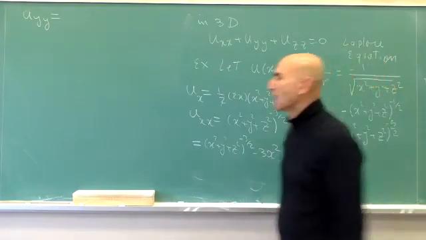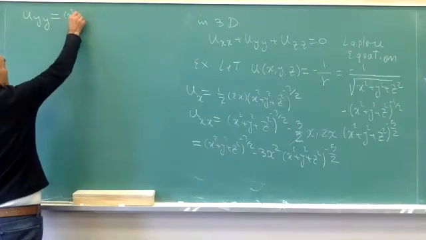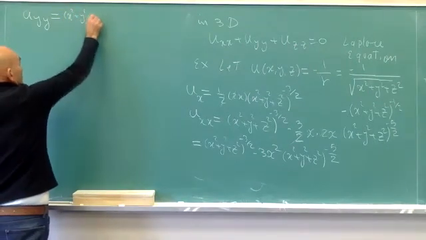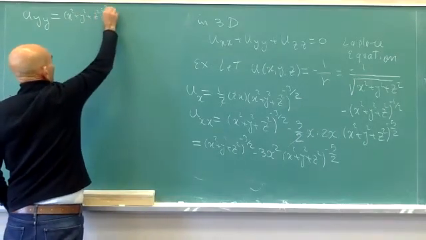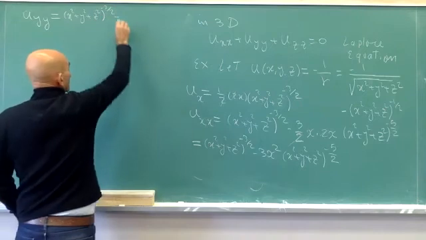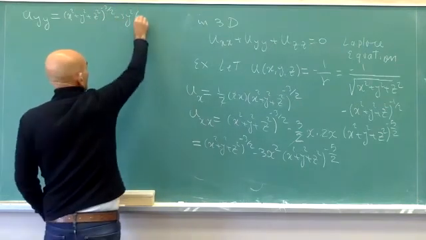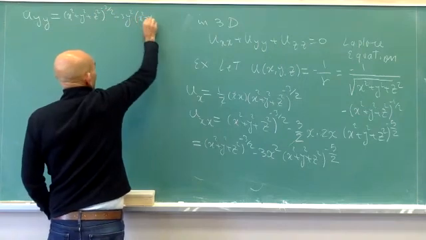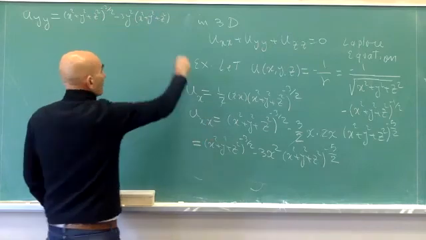That's it. So this is equal to (x² + y² + z²) to the power negative 3/2, negative 3y², times (x² + y² + z²) to the power negative 5/2.